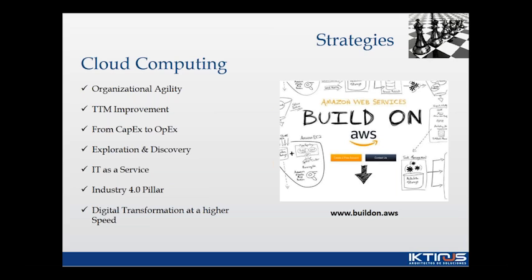Also, we have the ability to explore and discover new ways of doing things. Explore and discover what new technologies we can adopt for the business. What can we build on the cloud? And we see on the right there is a new site of Amazon Web Services, called www.buildon.aws.